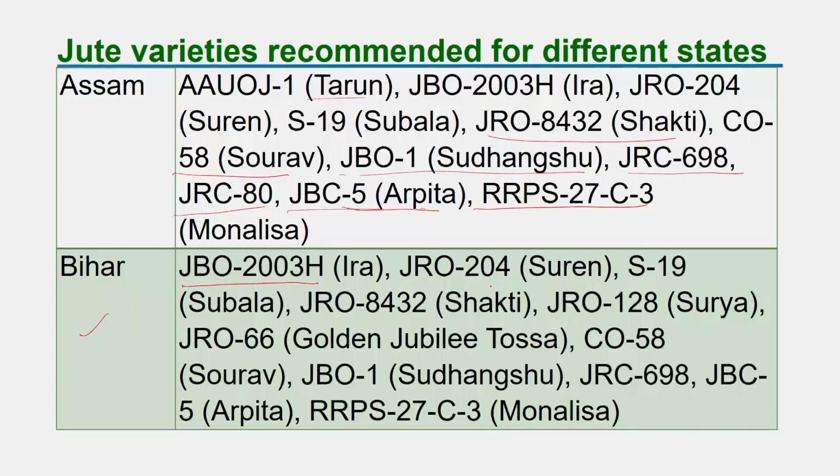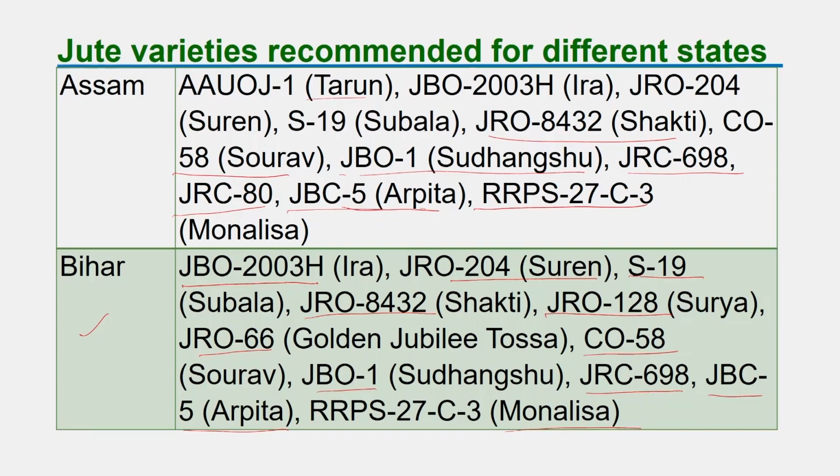So then JRO 204 Suren, S19 Subala for Bihar, JRO 8432, JRO 128, JRO 66, CO 58 Saurabh, JBO 1 Sudhanshu, JRC 698, JBC 5 Arpita and RRPS 27C3 Mona Lisa.